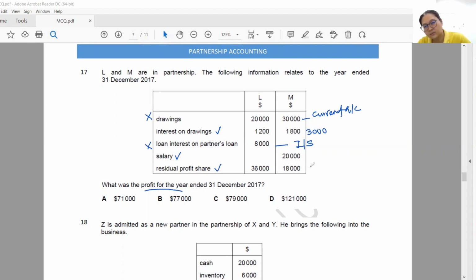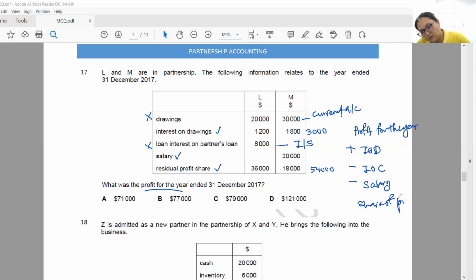So what is the total amount for it? This total amount is 54,000. We want to get the profit for the year. We plus interest on drawing, minus interest on capital, minus salary, and we get the share of profit. So now we work backwards.